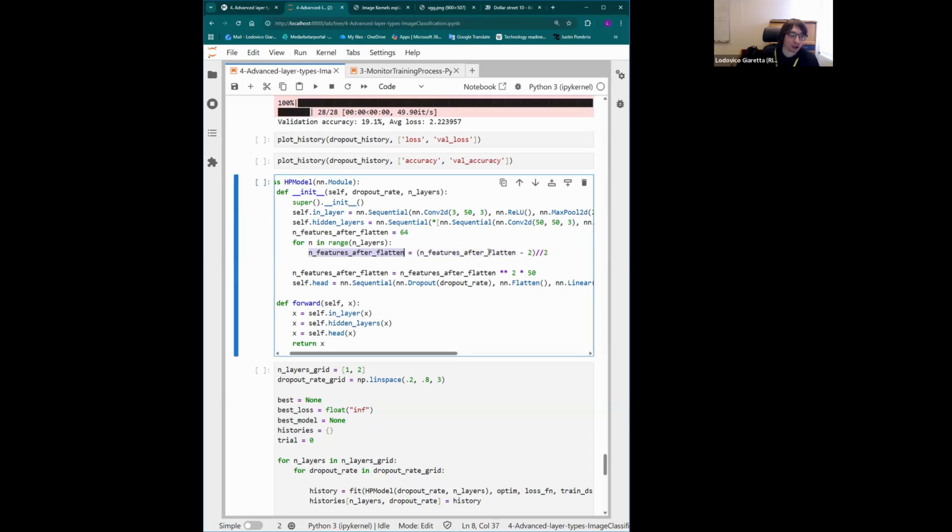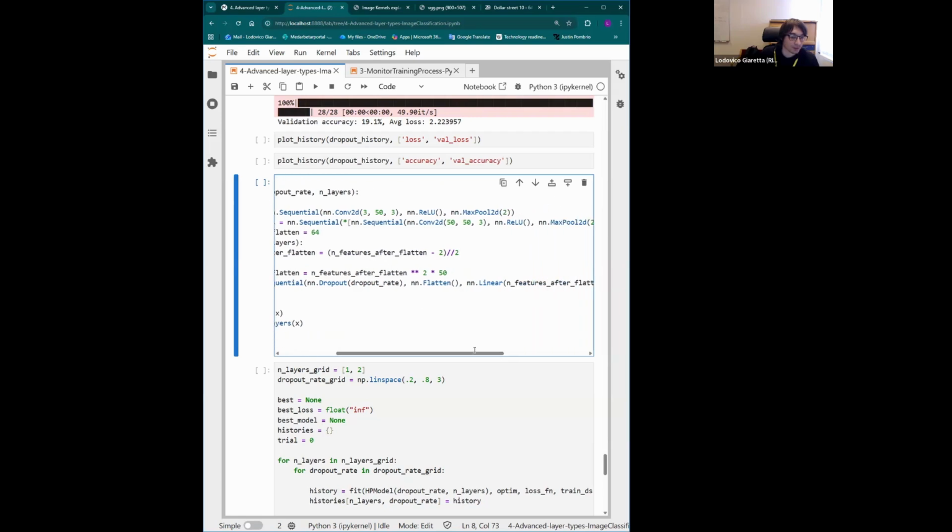Because every convolution removes 2 pixels in this case, because it's cutting the corners, and every pooling layer cuts the number of pixels by 2. So here, because we don't know a priori the number of layers, we have to dynamically compute how big our linear layer after flatten will be.